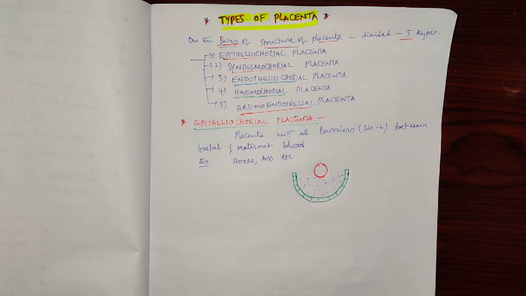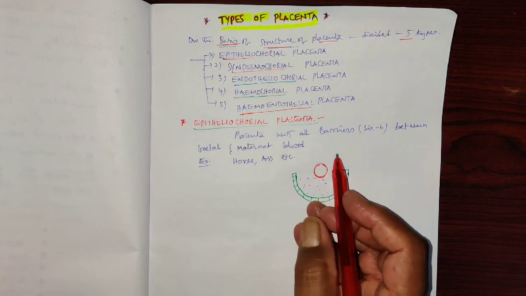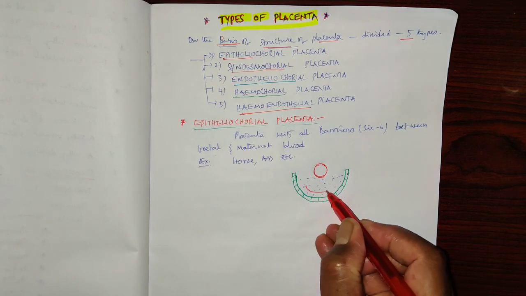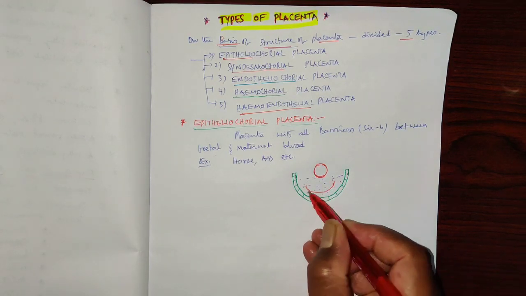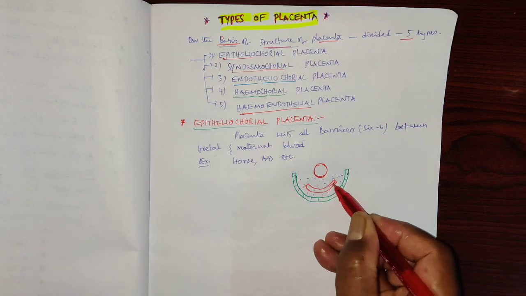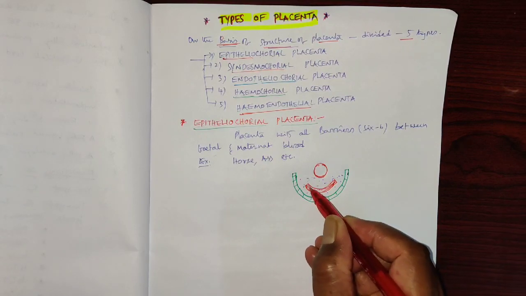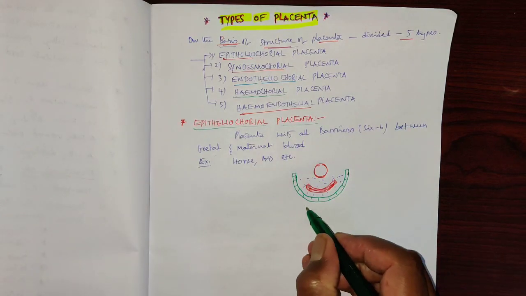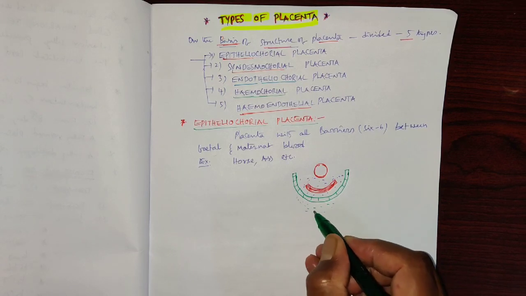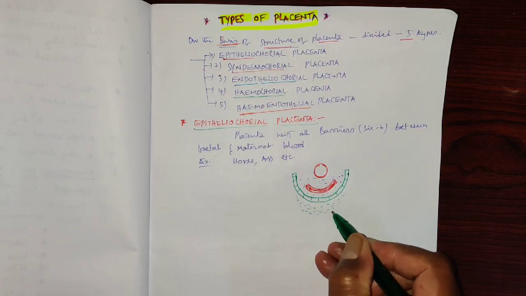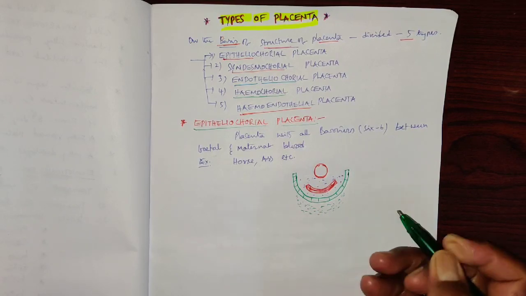This is a blood vessel. This is also a blood vessel, and this is connective tissue.